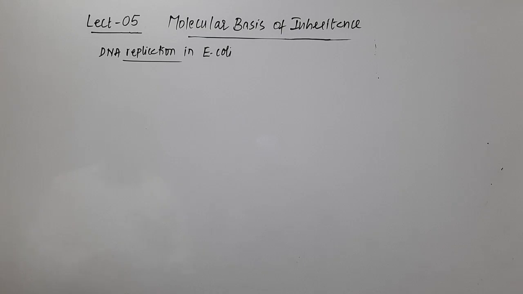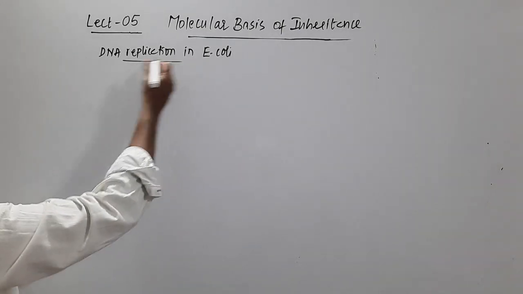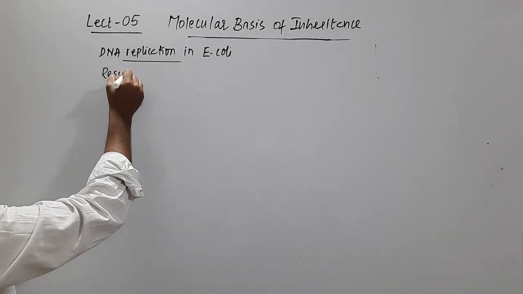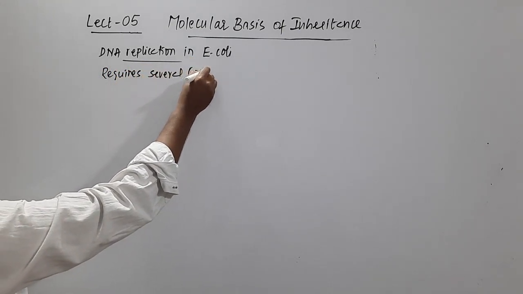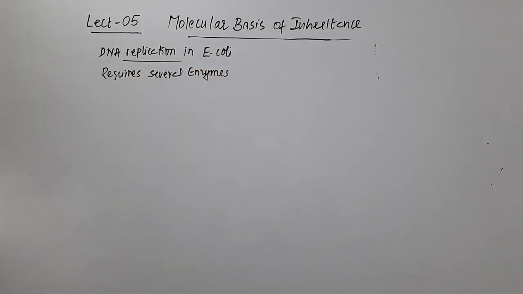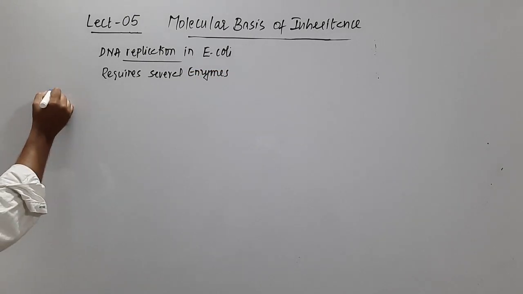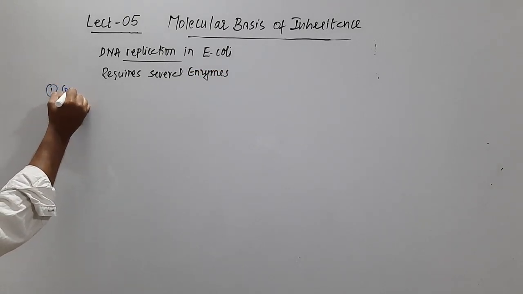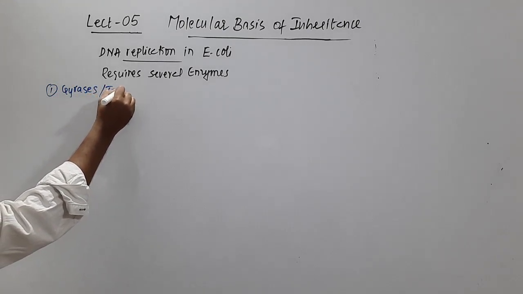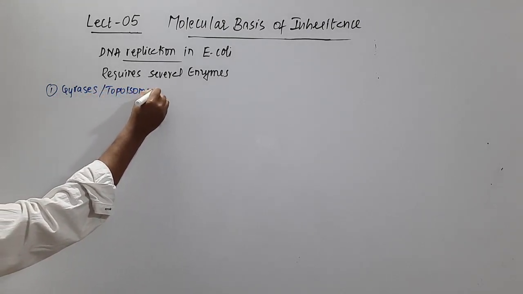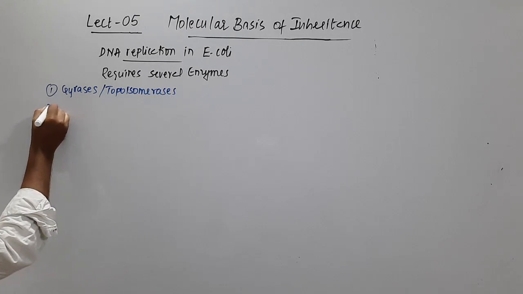DNA replication in E. coli requires several enzymes. I'm going to mention a few of those enzymes, like gyrases, that are also called topoisomerases.